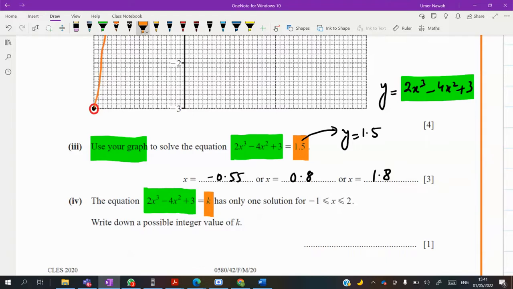So k is a number, and he said that for k from minus 1 to 2, because k is a horizontal line, the graph has only one solution. So can we suggest what is the value of k? Any k not between minus 1 and 2. The value of x is from minus 1 to 2.